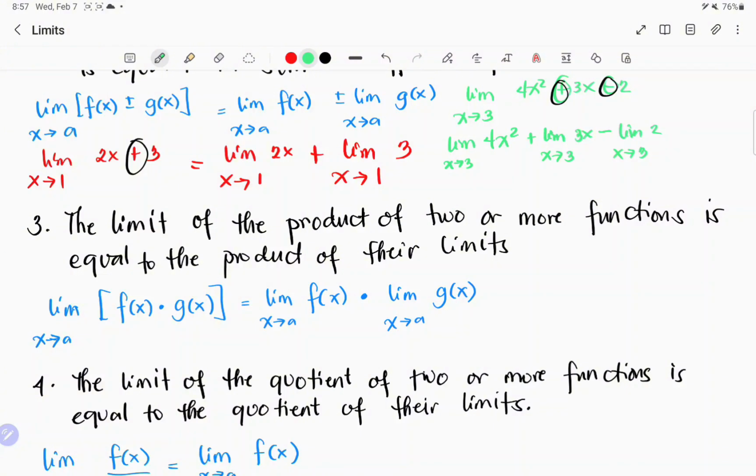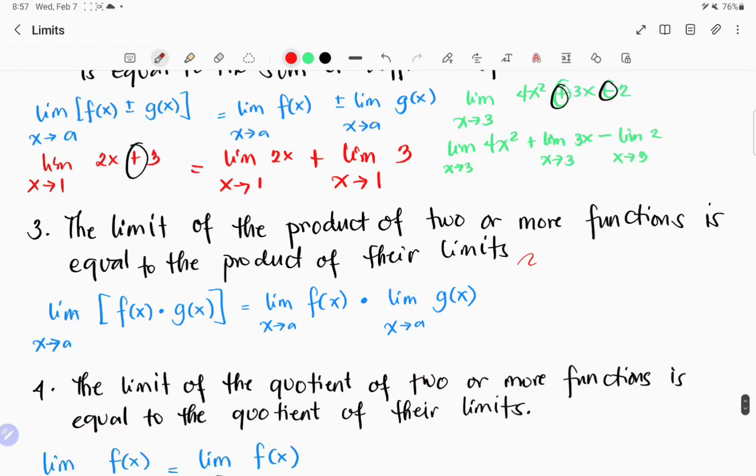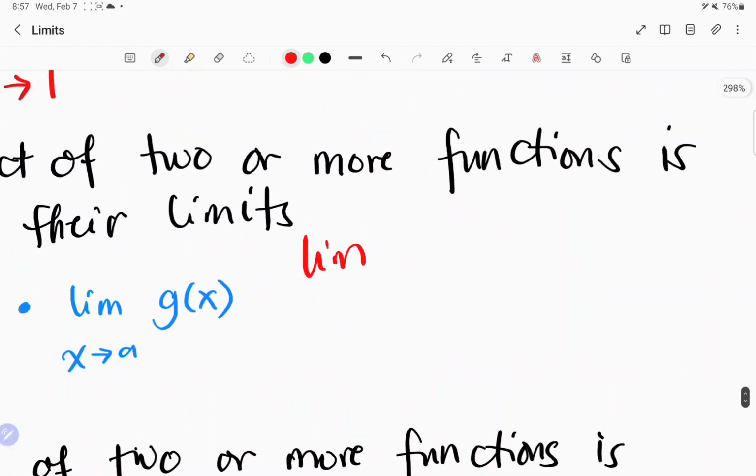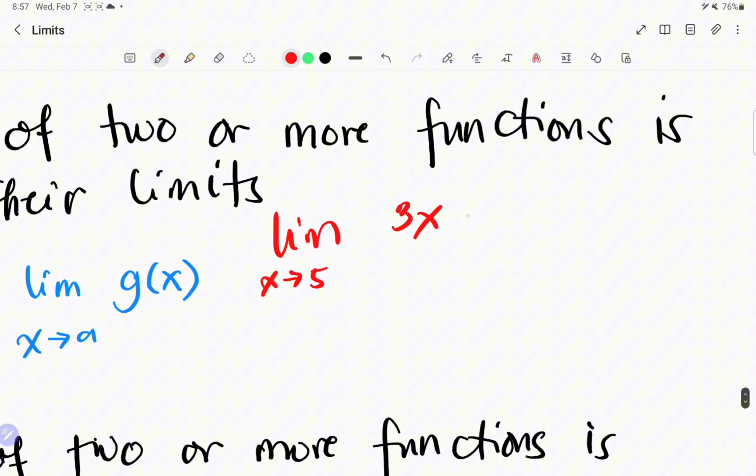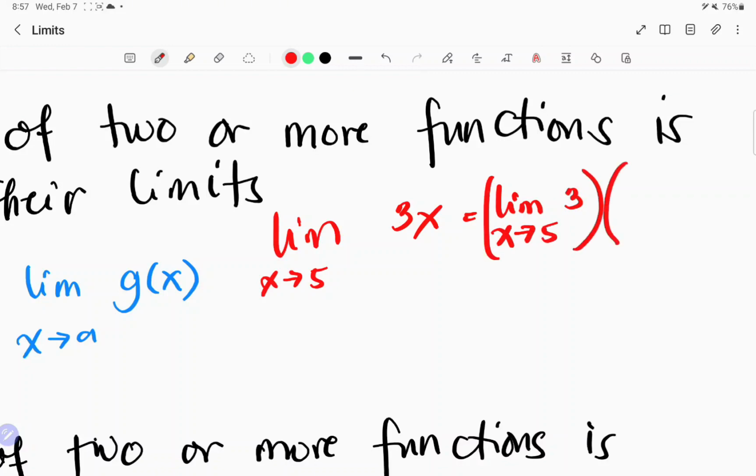So for example, we have the limit of 3x as x approaches 5. We could rewrite this as the limit of 3 as x approaches 5 times, since that's multiplication, the limit of x as x approaches 5.